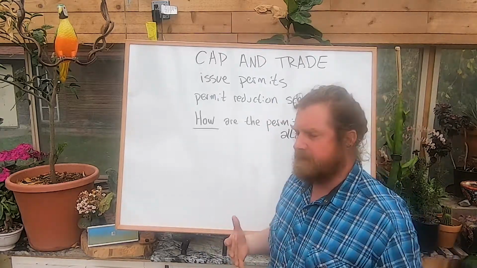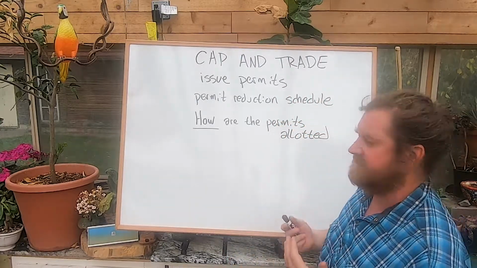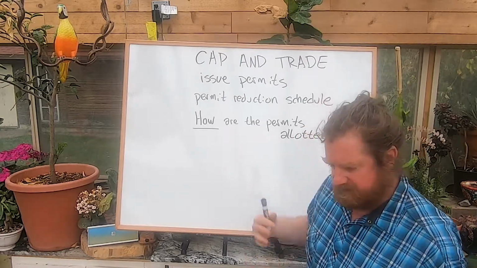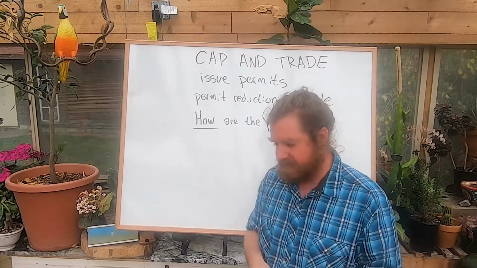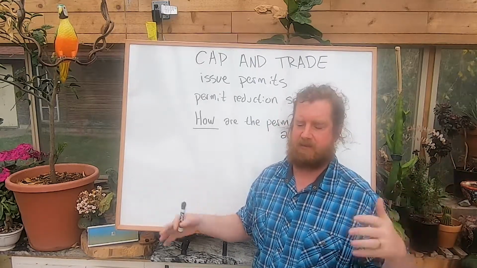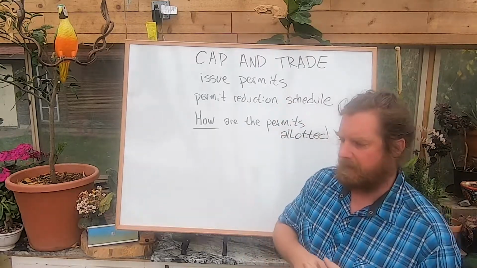So the big question in the case of cap and trade, or the big sticking point, is actually how the permits are given out, right? So we talked about how the government could say, okay, we're going to issue 500 permits this year, 500 tons of carbon. Numbers are way higher than that, but it helps us wrap our head around it.